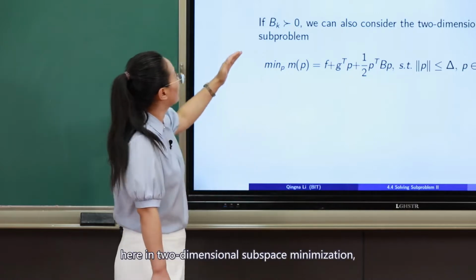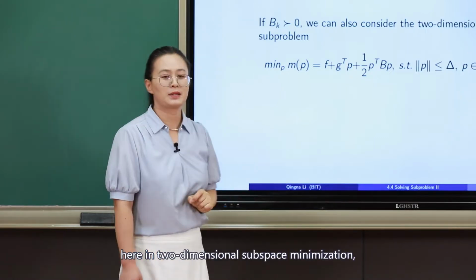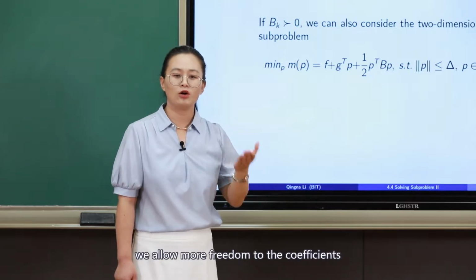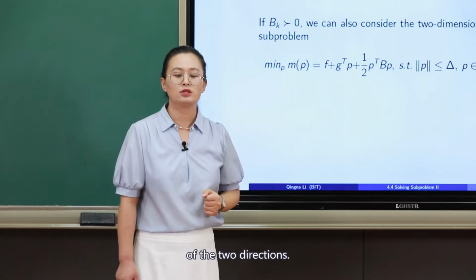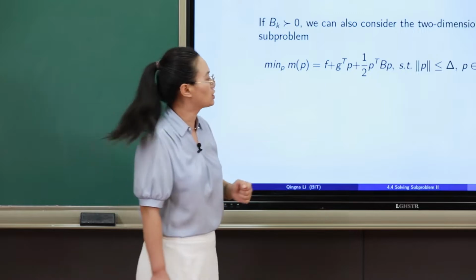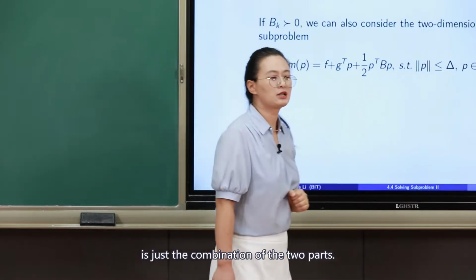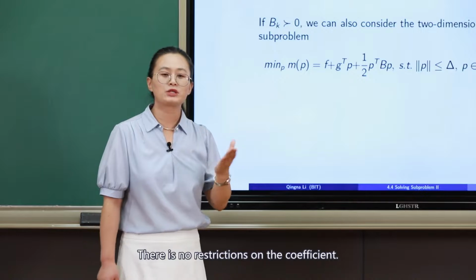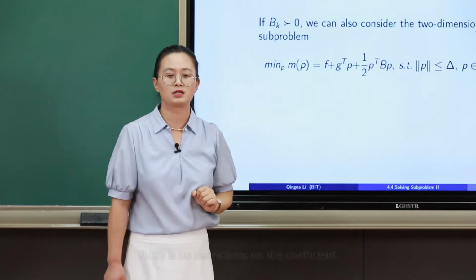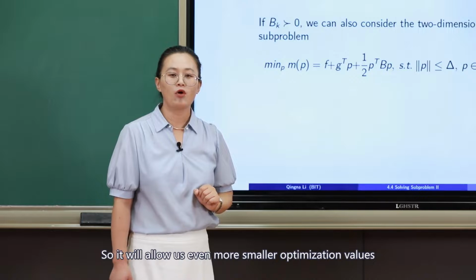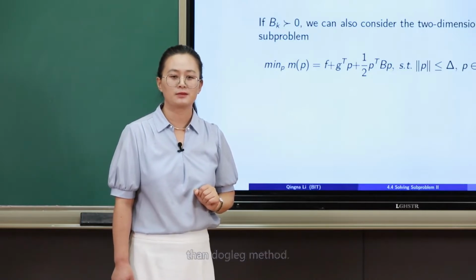Here in two-dimensional subspace minimization, we allow more freedom in the coefficients of the two directions. We require that P is just a combination of the two parts, with no restrictions on the coefficients. So it will allow us even smaller optimization values than the dogleg method.